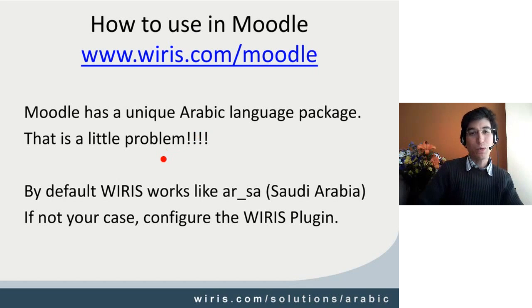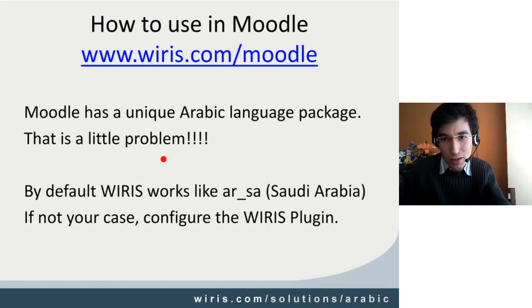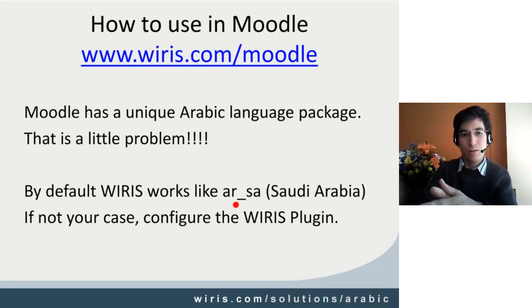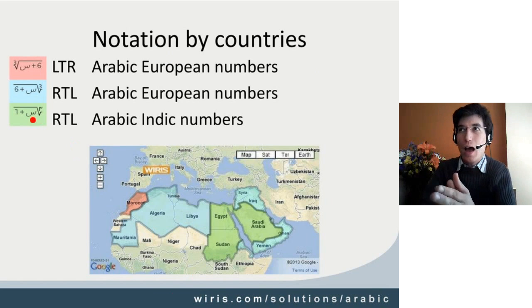So if you are in a French Moodle, then the WIRIS editor will automatically configure in French. Of course, if there is only one Arabic, WIRIS does not know which one of all these possibilities, these three, and some others that you can manually configure, some combinations, has to be applied to this Moodle site.